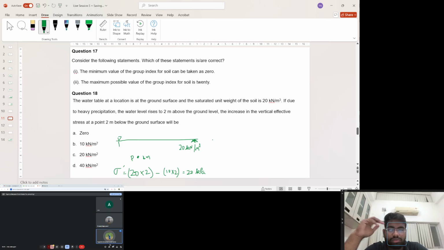Right. Now the second condition is that this is the ground level, and the water table is increased up to 2 meters above, and the soil is already saturated, so it is 20 kilonewton per meter cube. The point is the same point, which is at 2 meter from ground level.